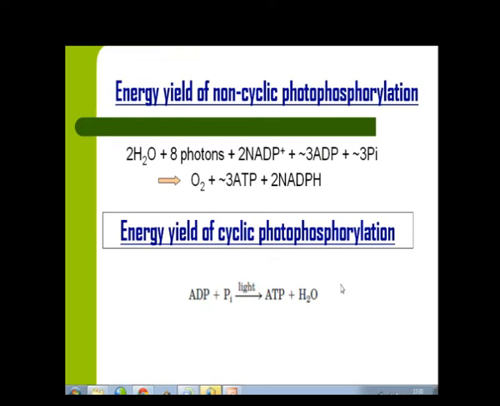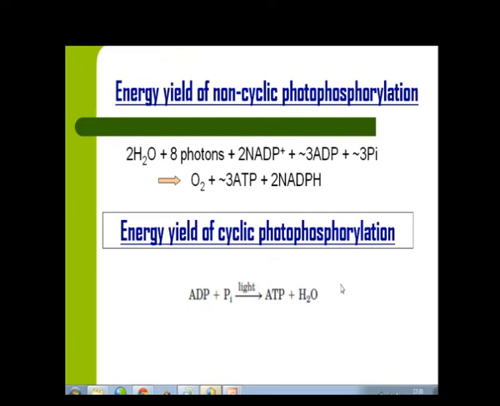For the later reactions, dark reaction, it requires ATP and NADPH2 in the ratio of 3:2. If the ATP concentration is low for the dark reactions to occur, then what it will do? It will activate the cyclic photophosphorylation.